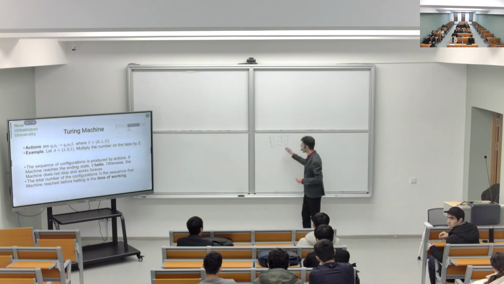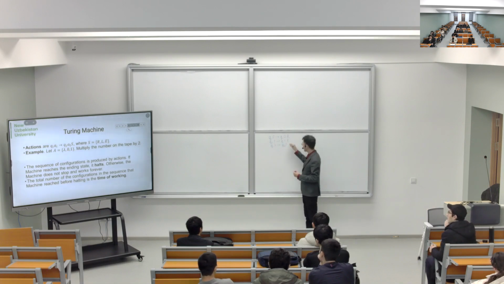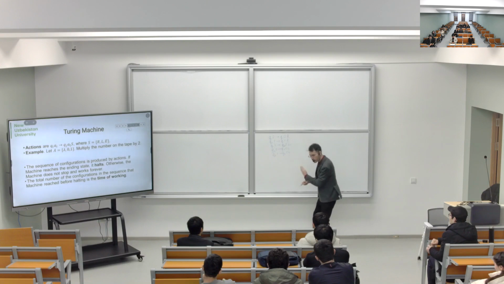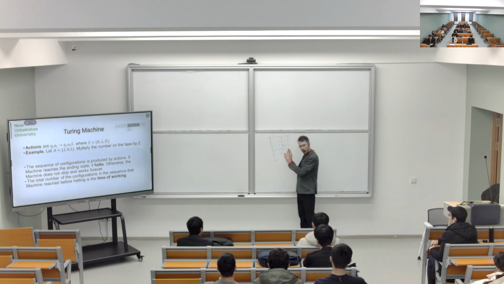So we switch to another state, because Q1 will always move to the right, and we need to go to the left. So we need another state and go left. So this state will always go left until what happens? Until it sees lambda, because then it went too far left. Yes? So when it sees lambda, it means it saw 0 and 1 before, so it needs to go back right 1.